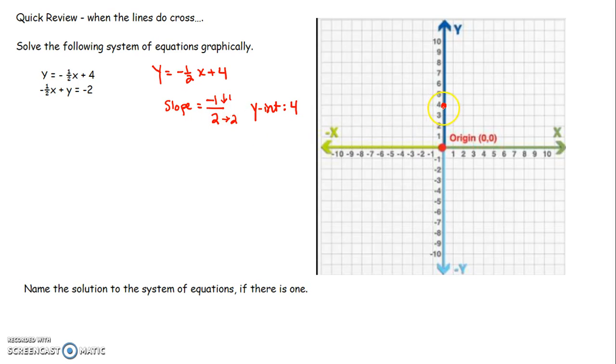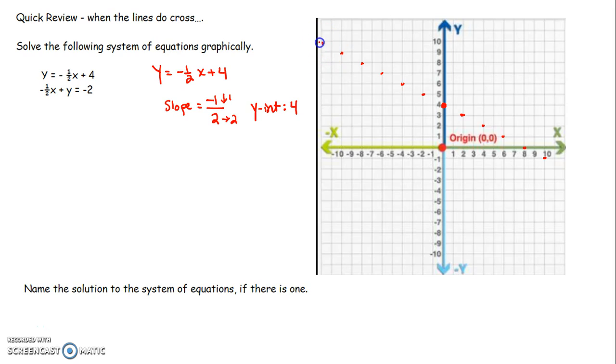Down 1, right 2. So from 0, 4, I move down 1, right 2, and keep repeating that. If I'm moving down 1 and to the right 2, I could also choose to move up 1, left 2. You need a beautiful straight line across your page. Up 1, left 2, and repeat.